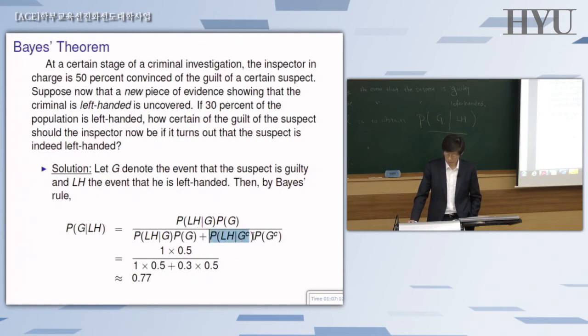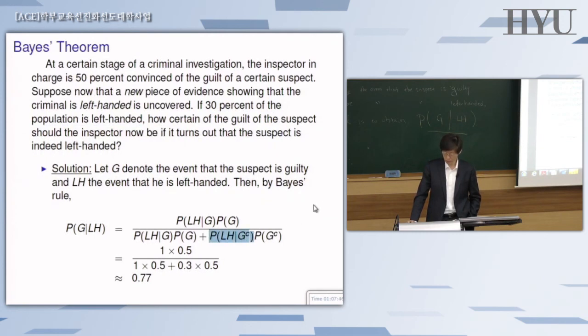An interesting one is this one. Given that he's not guilty, he actually didn't commit a crime, what are the chances that this suspect is left-handed? That's 30%, so this number should be used in there. For all non-criminal innocent citizens out there, about 30% of them are left-handed, so that should be the probability for this condition.